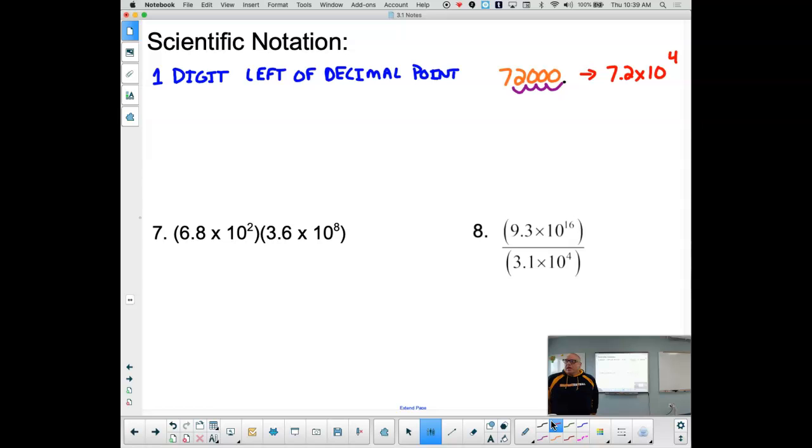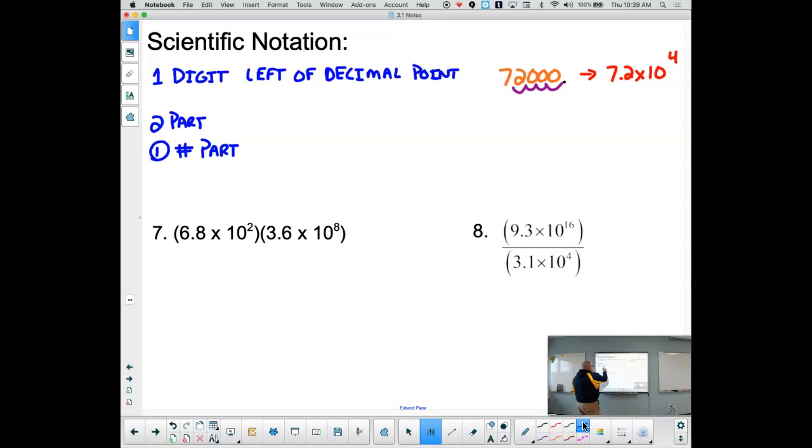Okay. Now, when we're dealing with scientific notation, we will be multiplying and dividing only in scientific notation. So because of that, you're going to have two parts. The first part is the number part. If you're multiplying, multiply the numbers.